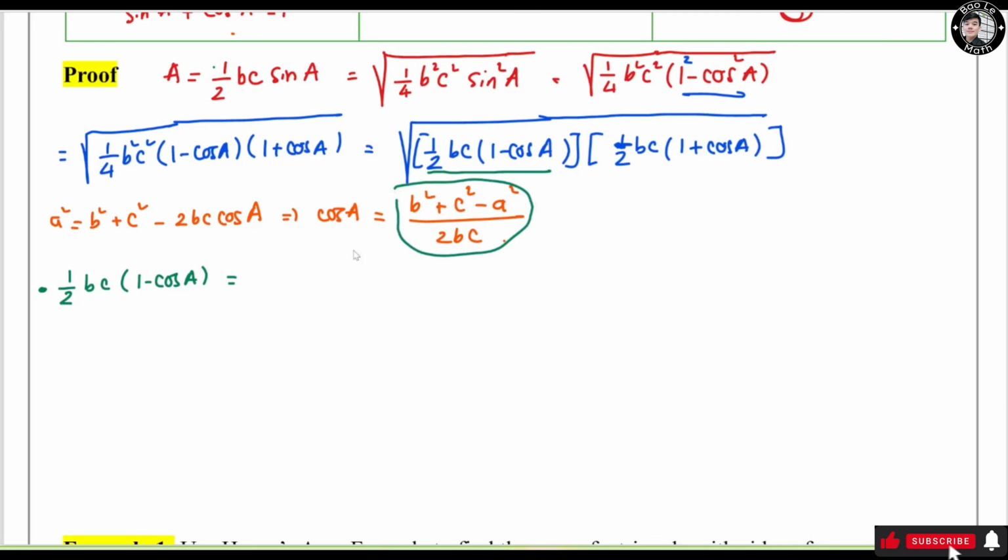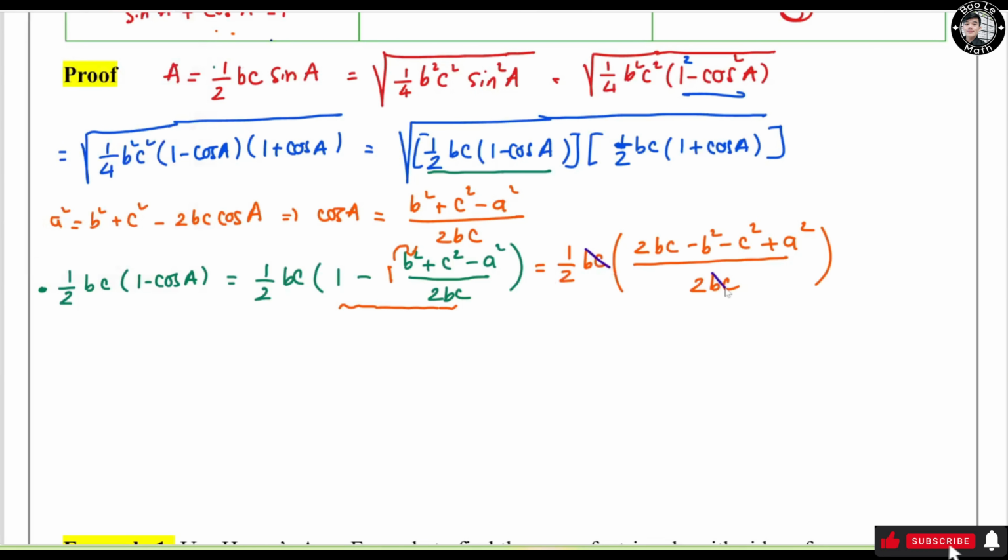I rewrite these in the same denominator, and the 2bc terms cancel out. You have 1/2 times 1/2, which is 1/4, times a squared, which I bring to the front. I factor the negative sign out, so you have b squared minus 2bc plus c squared, and it's 1/4 times (a squared minus (b minus c) squared).